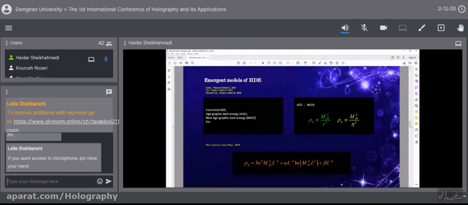But I will show that all of these models which originated from the holographic principle may be sick models. You can also see an entropy-corrected holographic dark energy, again based on the corrected entropy of black holes. But maybe I will show they have problems.